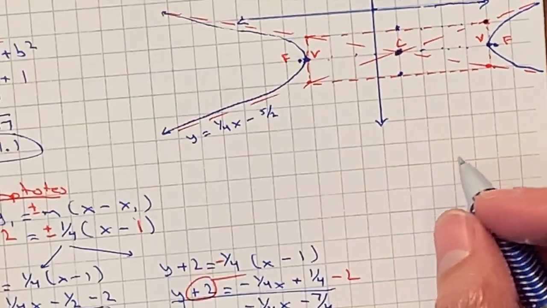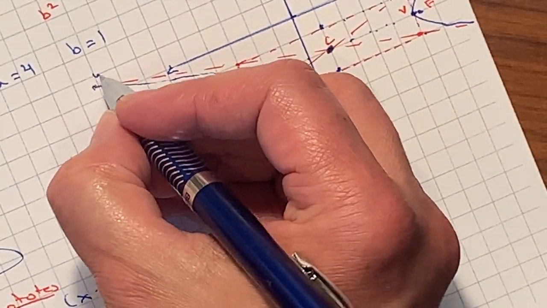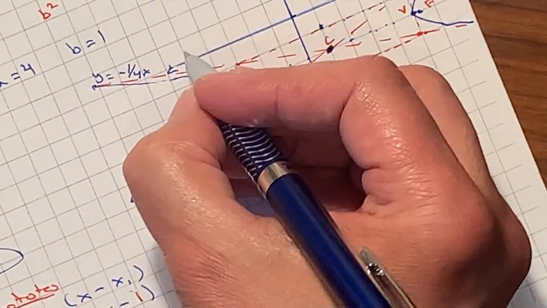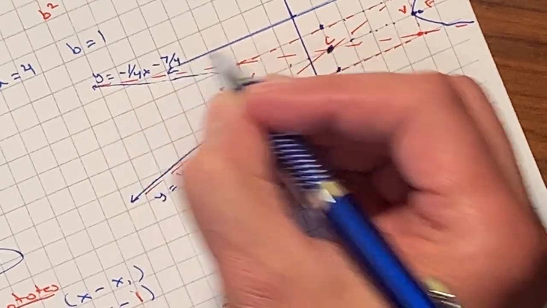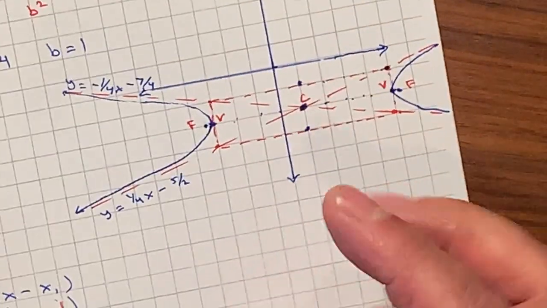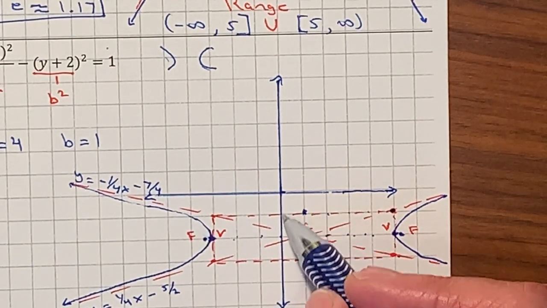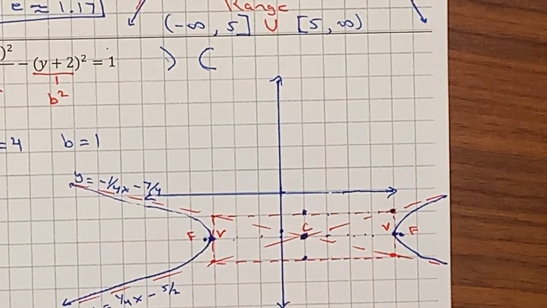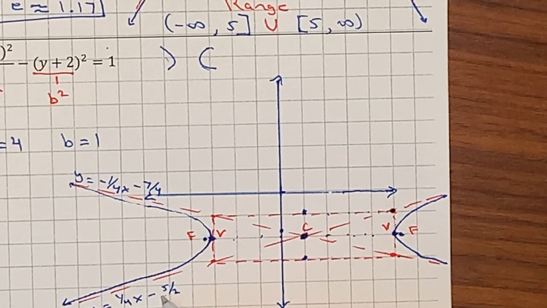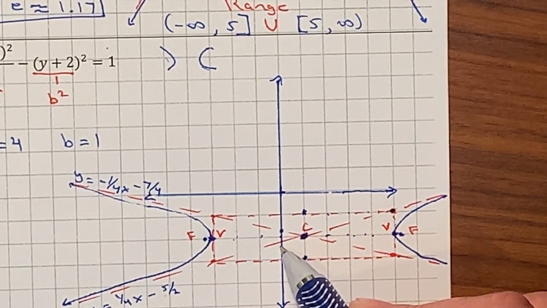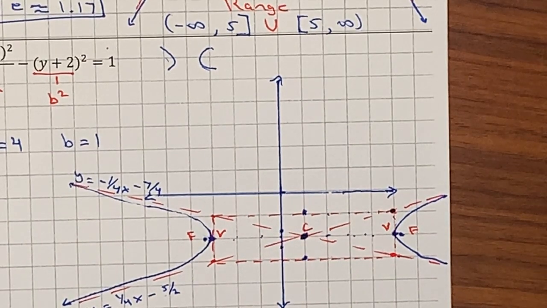And my negative slope will be y equals negative 1/4 x minus 7/4. Remember, negative 7/4 is negative 1 and 3/4, and that's where it crosses. Negative 5/2 is negative 2.5, and that's where it should cross.